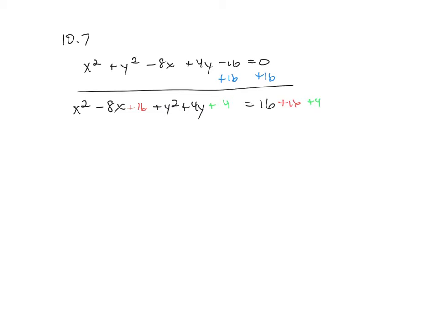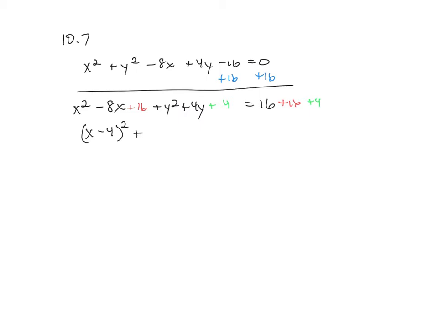Then I'm going to factor just the x part. So just this x squared minus 8x plus 16. Remember I said square root of 16 is 4. So this one's going to be x minus 4 squared. Minus because the 8 is minus. And then I'm going to do the same thing over here.